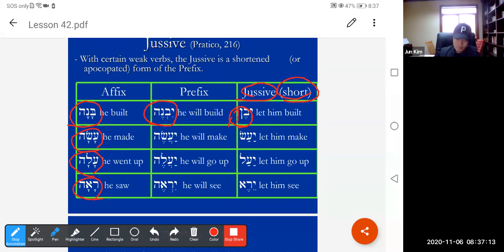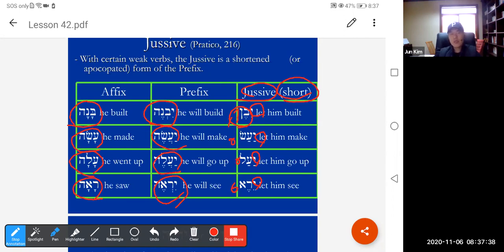And asa, Allah, la, they are all third hey verbs. So we don't have any problem recognizing them as affix and prefix. But as you can see, we don't have the third hey with a verb conjugation. Of course, it must be the third person prefix pronoun. So these are all used in the jussive form.